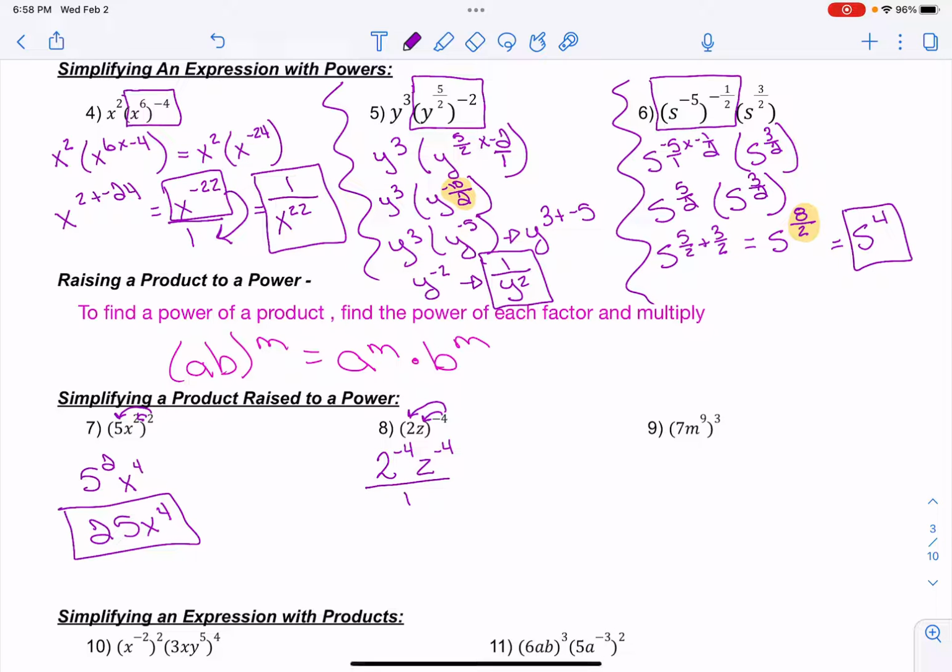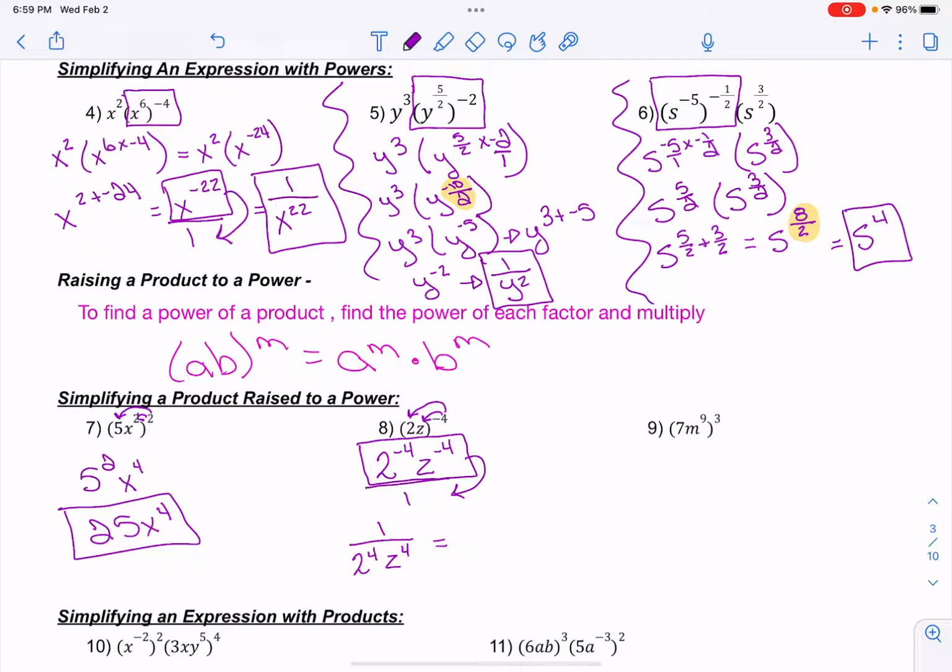Remember, this is over that imaginary 1. Since everything up here is negative, everything has to get moved down. So we end up with 1 over 2 to the fourth, z to the fourth. When we move it down, it makes it positive.